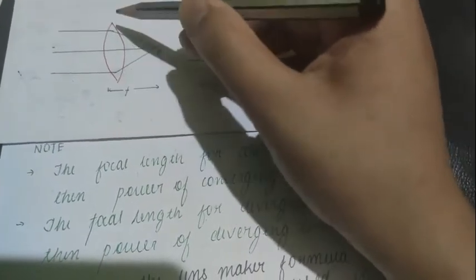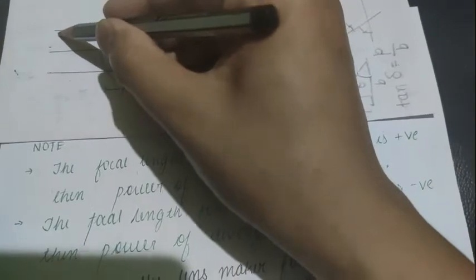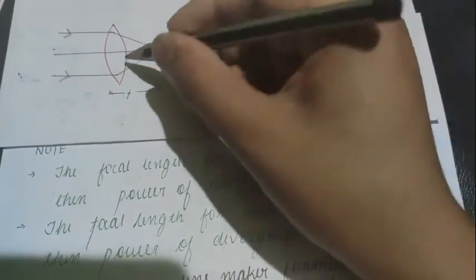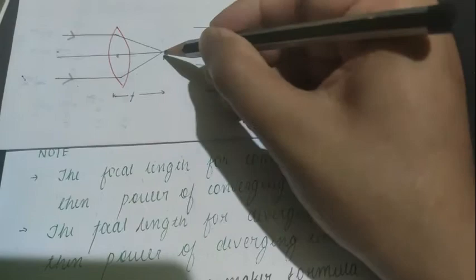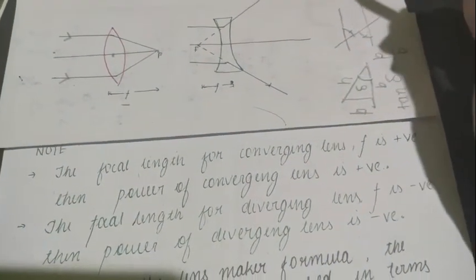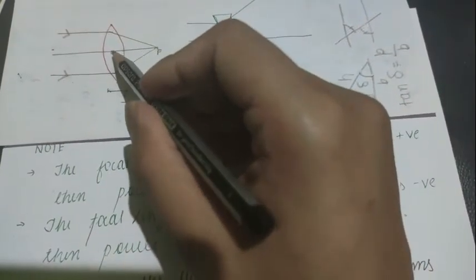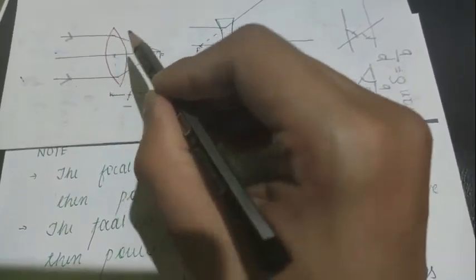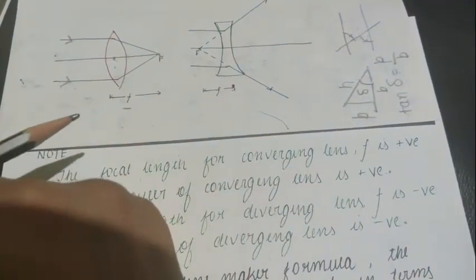If you have light moving parallel to the principal axis, after refraction it converges to the point F. And the distance from here to this point is known as my focal length. Clear? Now we are measuring the focal length from the optical center to F, which is measured in which direction?